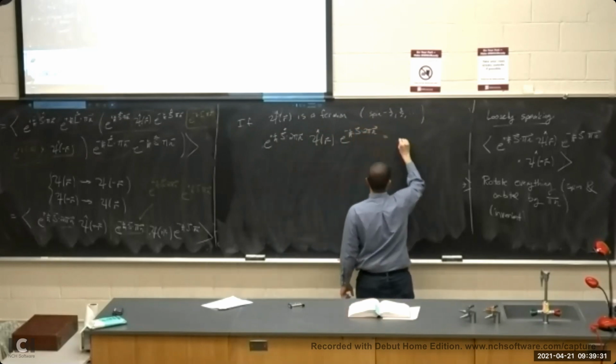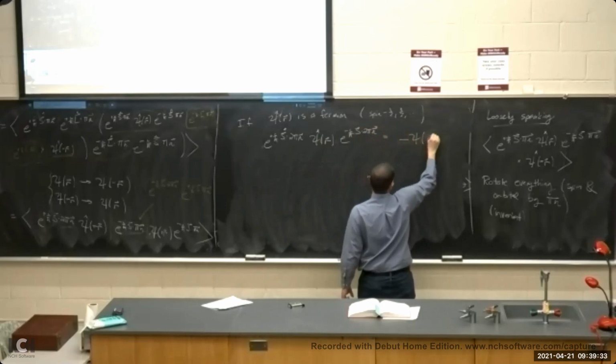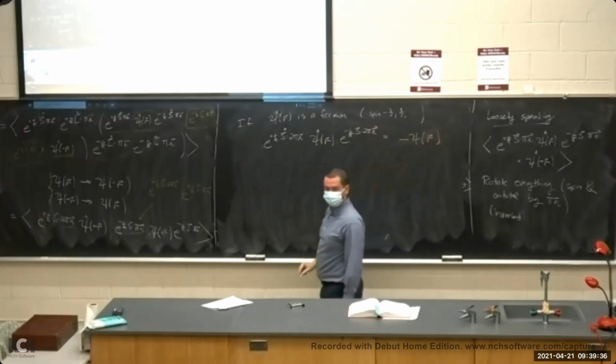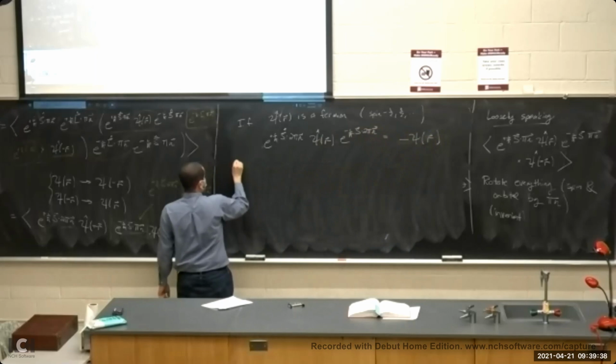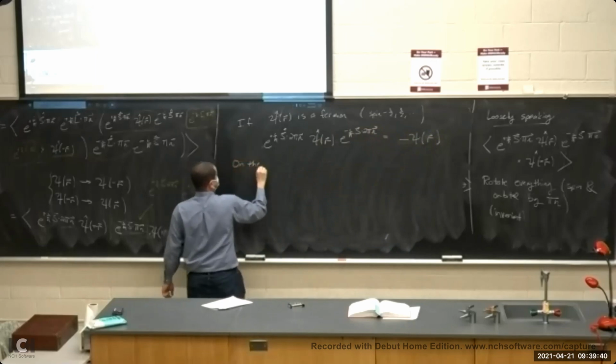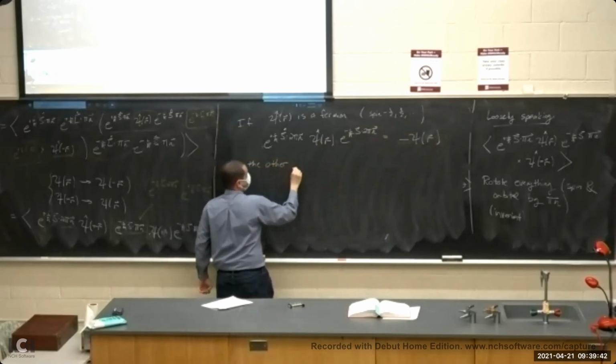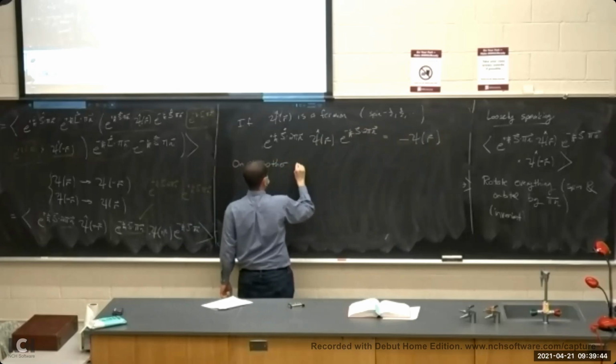For a spin 1/2 particle, this thing changes sign when you rotate its spin by 360 degrees. On the other hand, if it's a boson, then it doesn't change sign. It comes back to the positive.